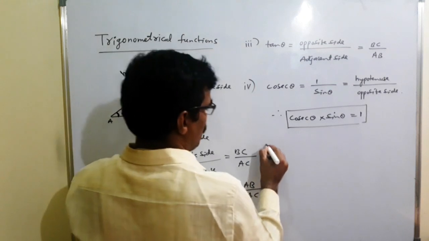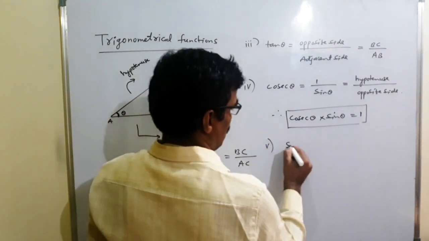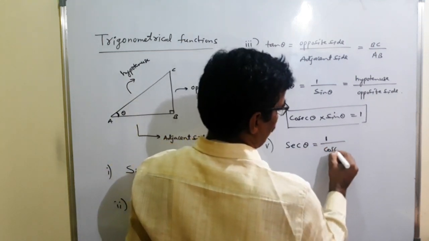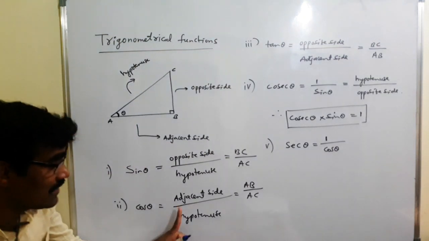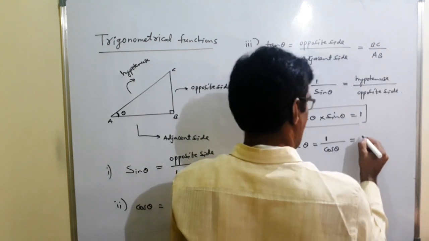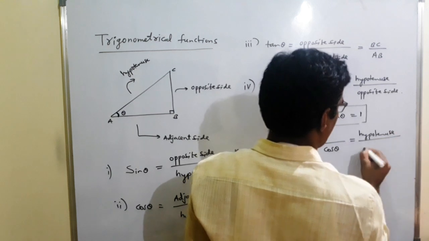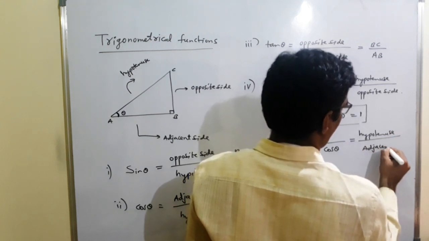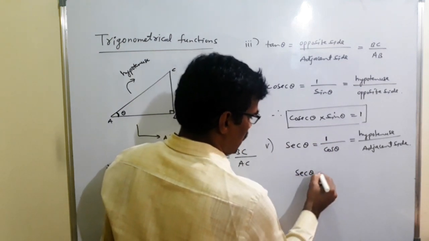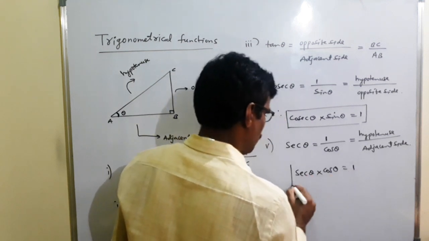Then next one is reciprocal of cos theta. Secant theta is equal to 1 by cos theta. We know that cos theta is adjacent side by hypotenuse. Here hypotenuse divided by adjacent side. Therefore, secant theta into cos theta is 1.